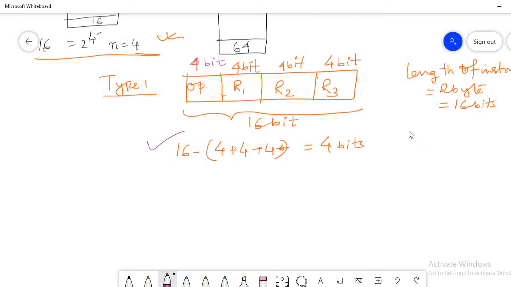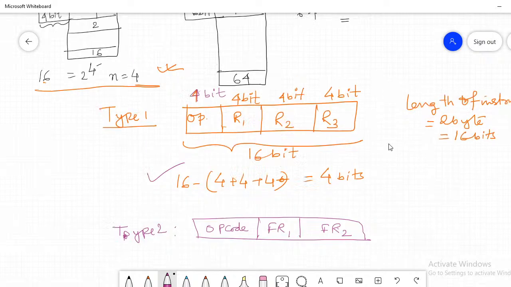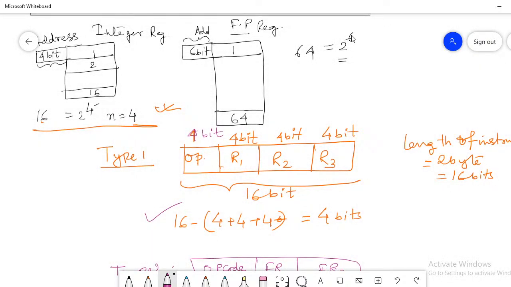For type 2 we can write another type of instruction which contains 2 floating point registers, floating point register 1 and floating point register 2, and you have the opcode, that is the common part. Floating point register means how many bits are required? 6 bits are required to represent the address.